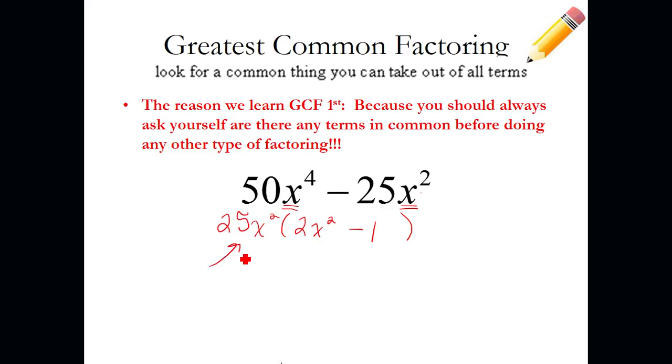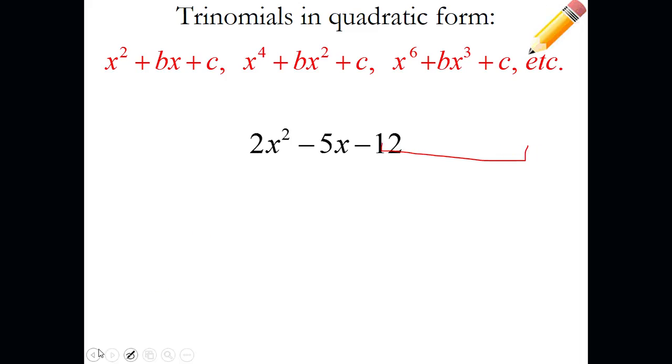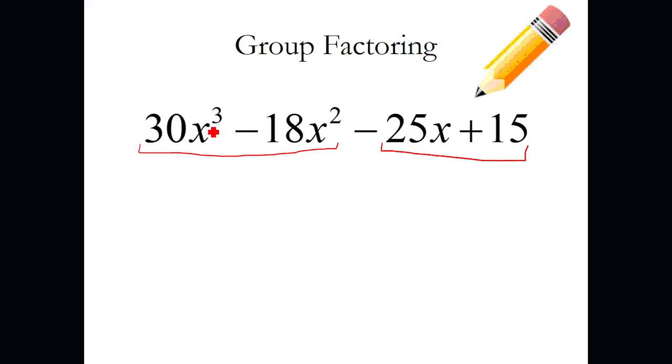We place what we're dividing out here, and then this is what the polynomial looks like once we divide it out. So now let's take a look at group factoring again. This is what we do when we have 4 terms. Group factoring requires us to look at the first 2 terms and the second 2 terms as two separate groups. So if I look at these 2 terms, what can I divide out of both a 30 and an 18?